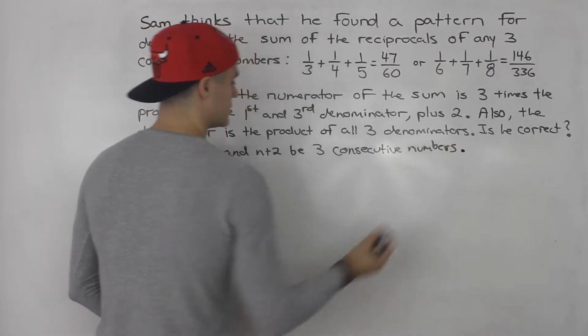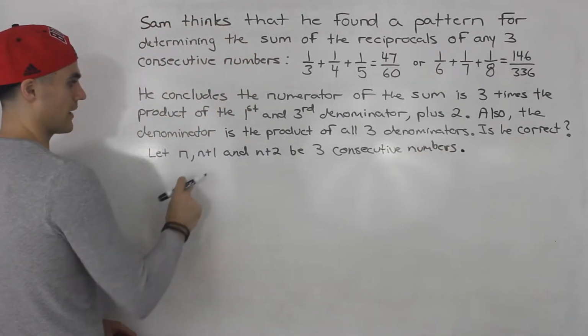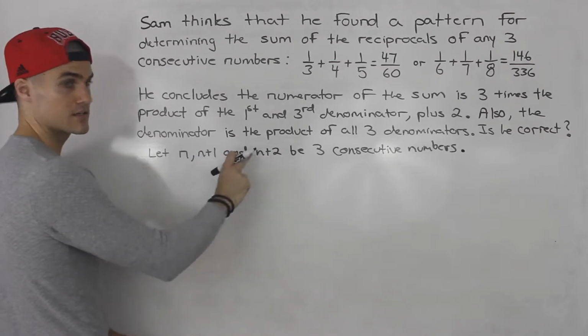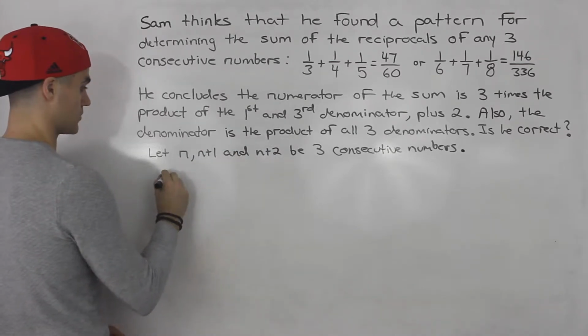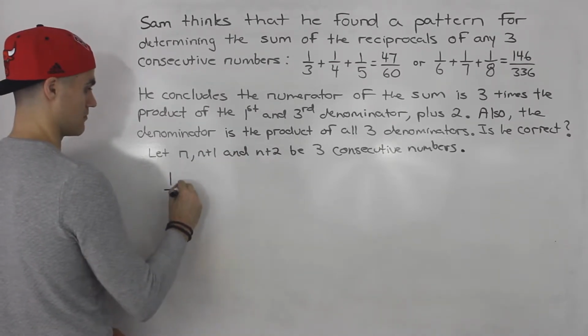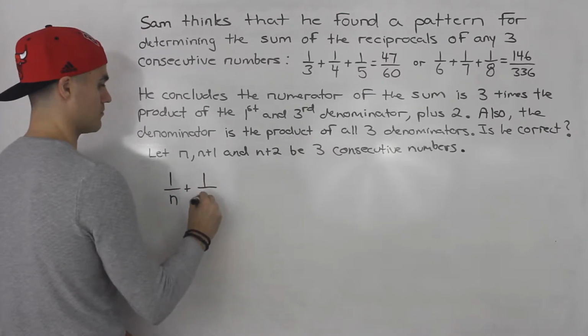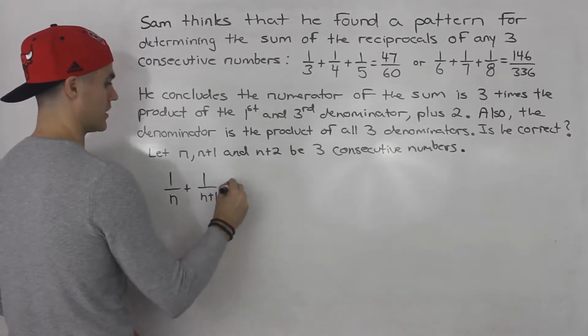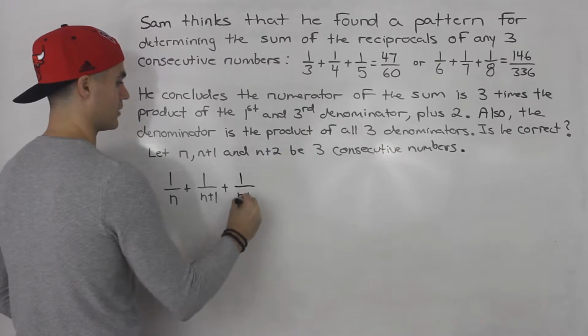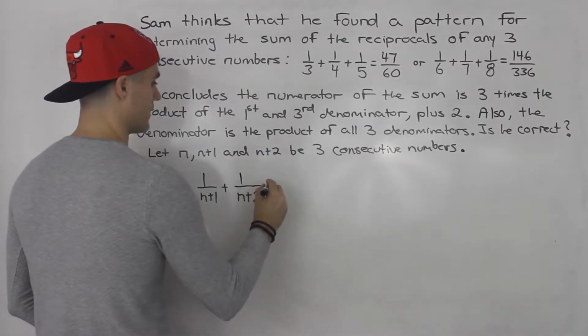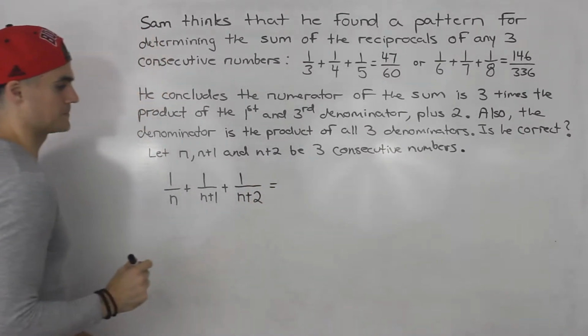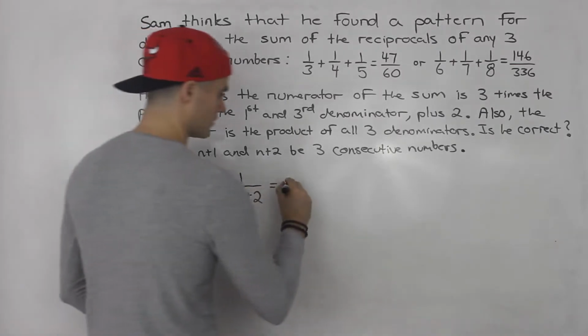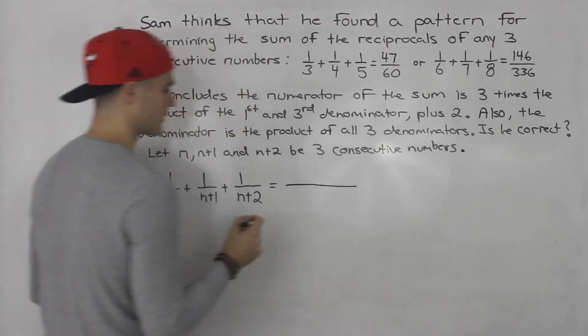So what we want to do now is add the reciprocals of these 3 consecutive general numbers. So 1 over n plus 1 over n plus 1 plus 1 over n plus 2. We have to see what we would get. And actually, what do we want to get?